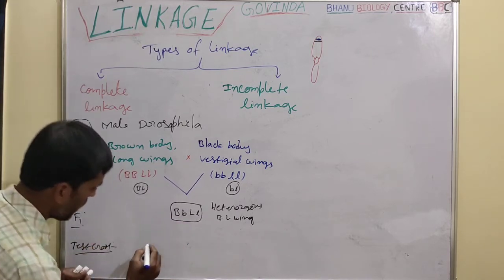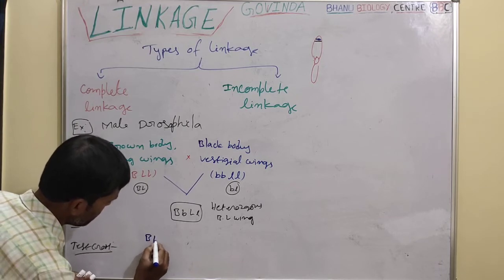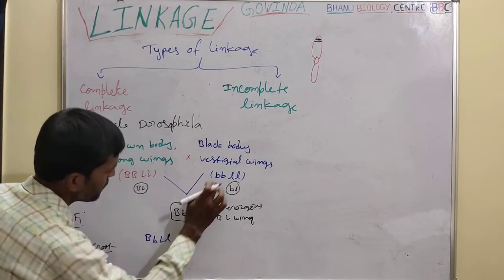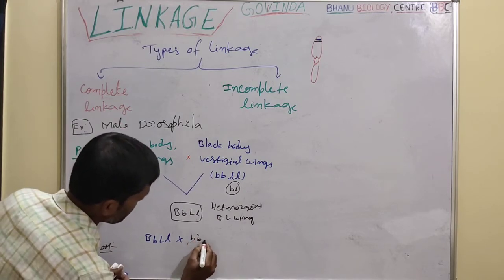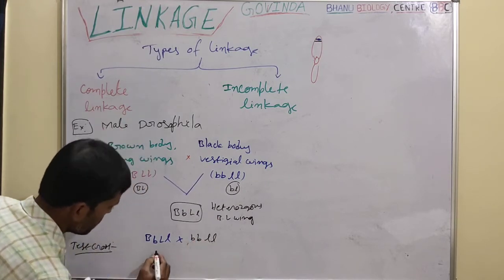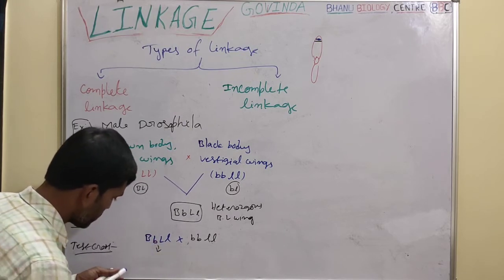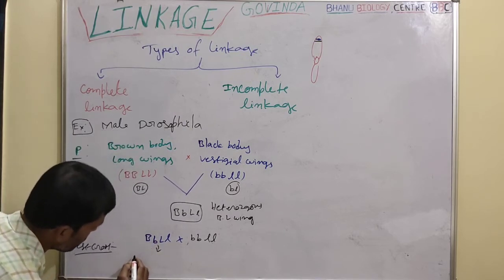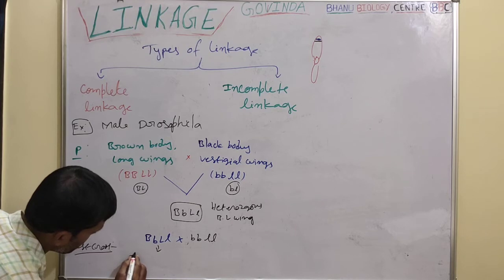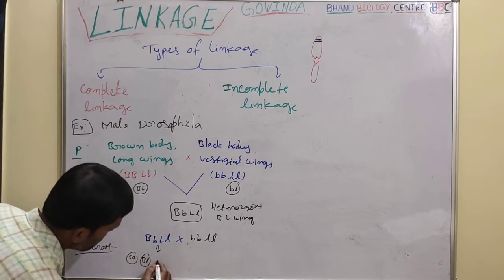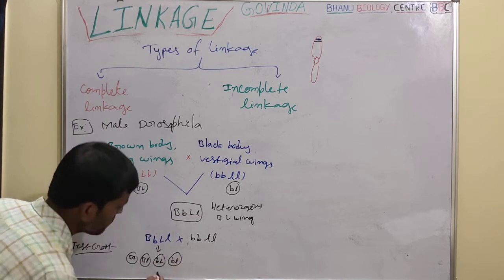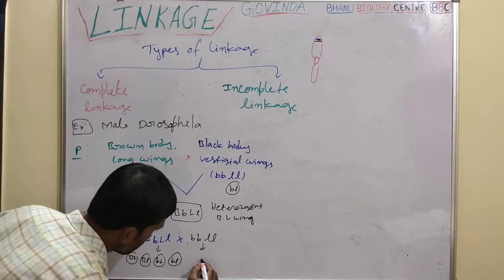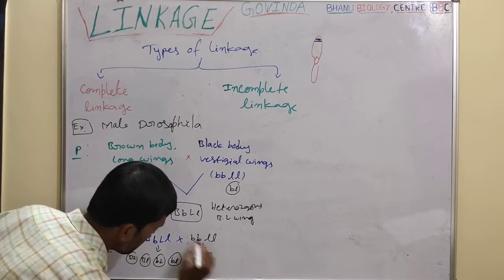Take the F1 hybrid, that is Bb Ll, and cross it with this parent, that is small b small b, small l small l. This gamete produces 4 types of gametes, like capital B capital L, capital B small l, small b capital L, and small b small l. But this parent produces only one type of gamete, small b small l.